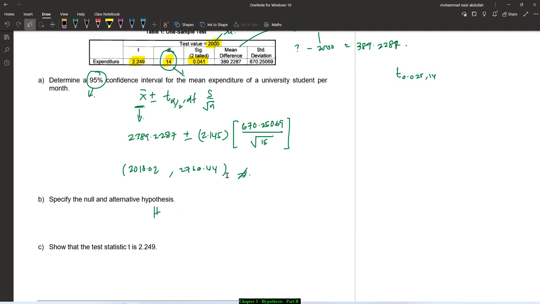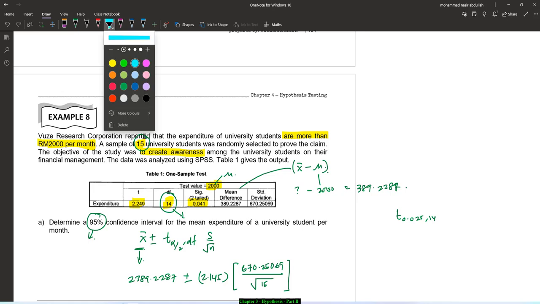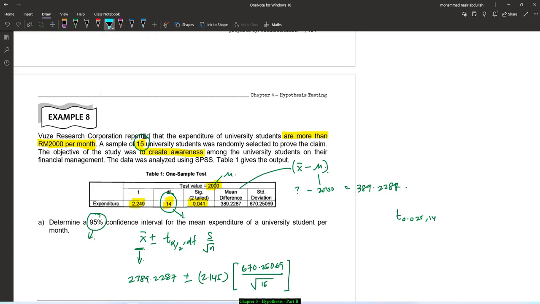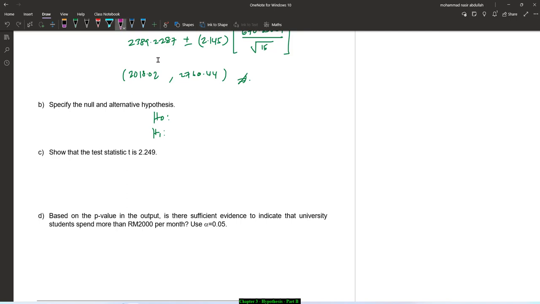Next, the null hypothesis and alternative hypothesis. We look at the claim first. Always look at the claim. It says here that the reported expenditure of university students is more than 2,000 per month. So this is a one sample t-test.